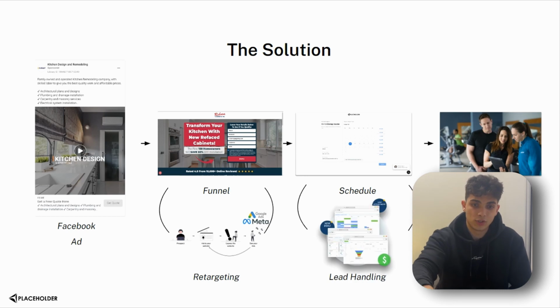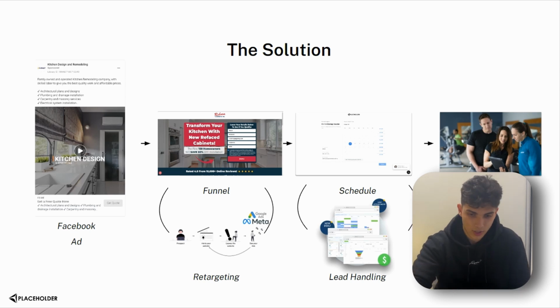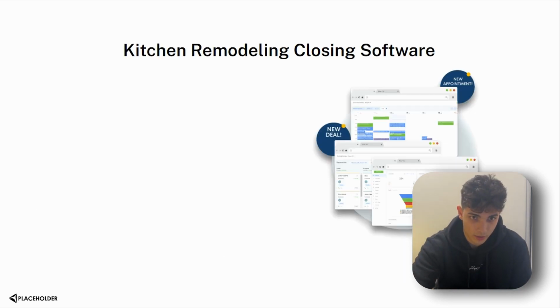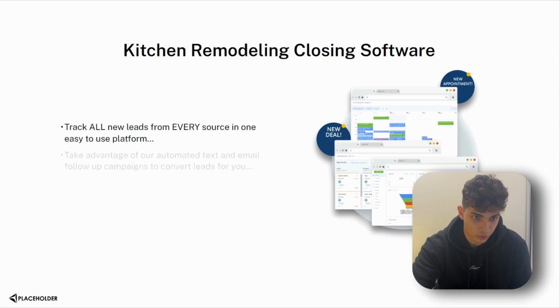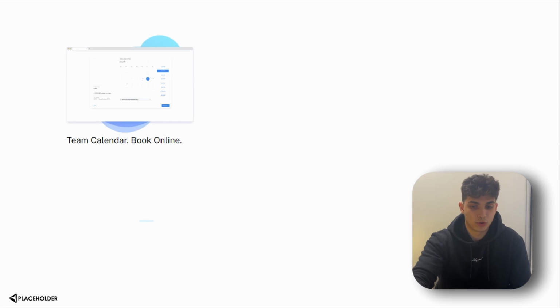Then if you're using some lead handling software or some closing software, you can explain that to them also. So in my agency, we are using Go High Level, and you can also use Flozy. That's a software made by Imagazi. But here you can explain Go High Level. You start like that. You show them some benefits, and then you show them in pictures some benefits.